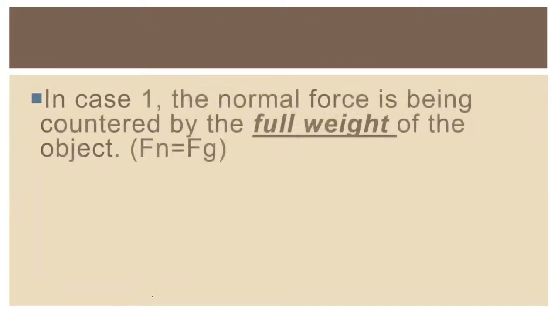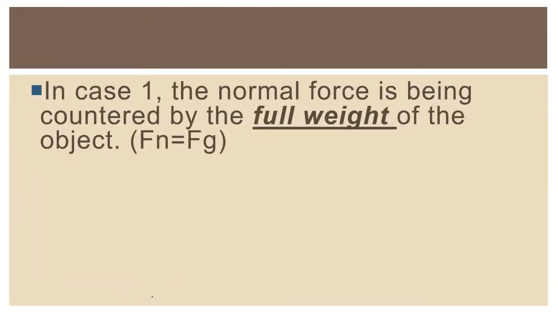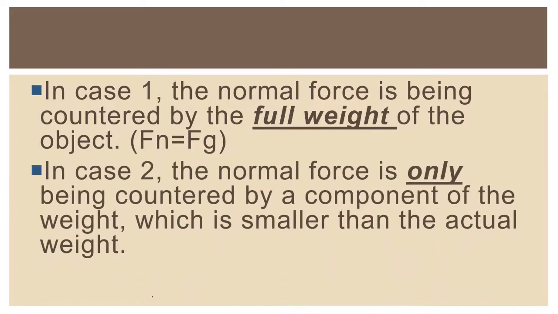In case one, the normal force is being countered by the full weight of the object because those forces are equal and opposite because the object is at rest. Whereas in case 2, the normal force is only being countered by a component of the weight, which is smaller than the actual weight.